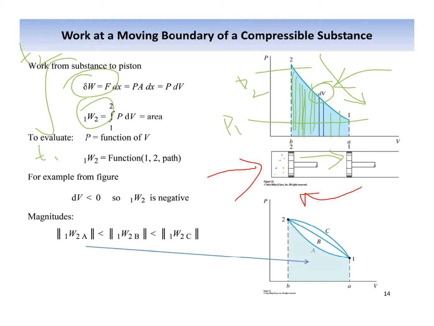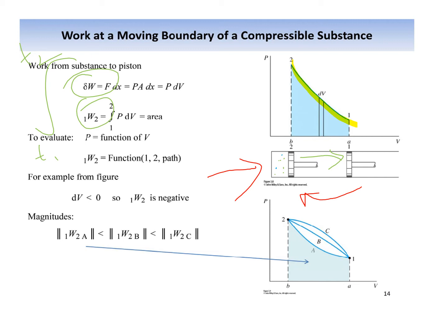So this is the main idea, and we already know that the integral is the area under the curve. So if we calculate the area under this curve, we will come to know the work done during this process.